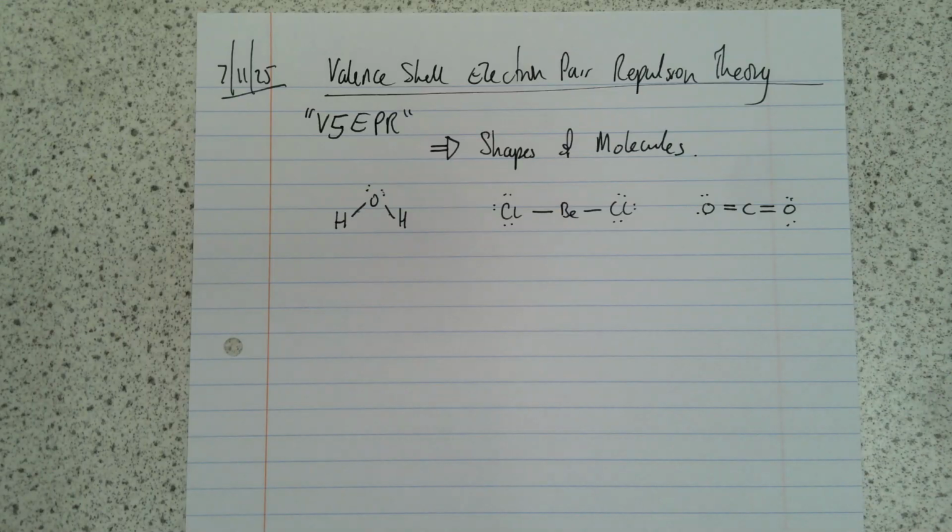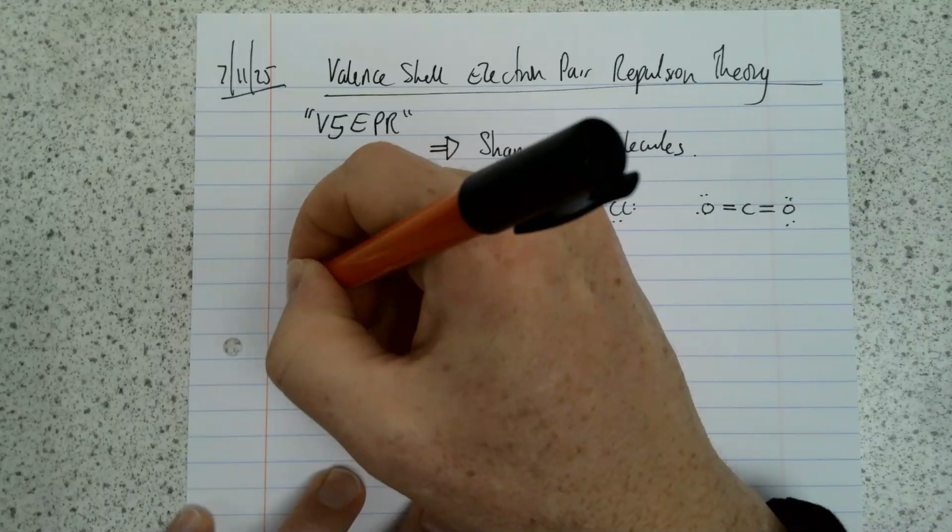So what we're going to do in today's lesson is just work through the most common shapes, or the shapes that we need to know for IB, and try and find some examples of each one. And we're going to start with linear molecules.